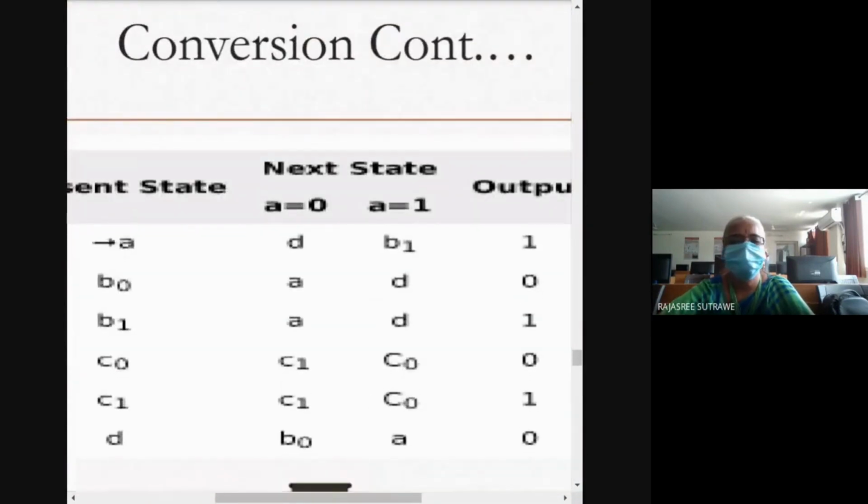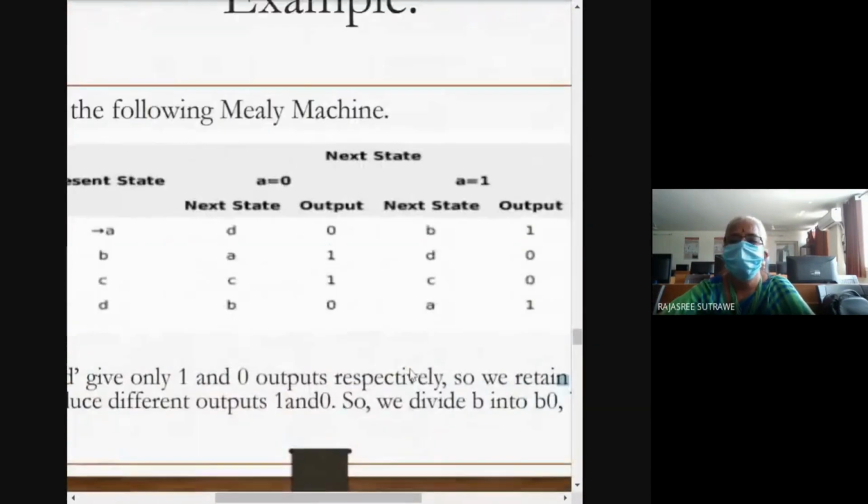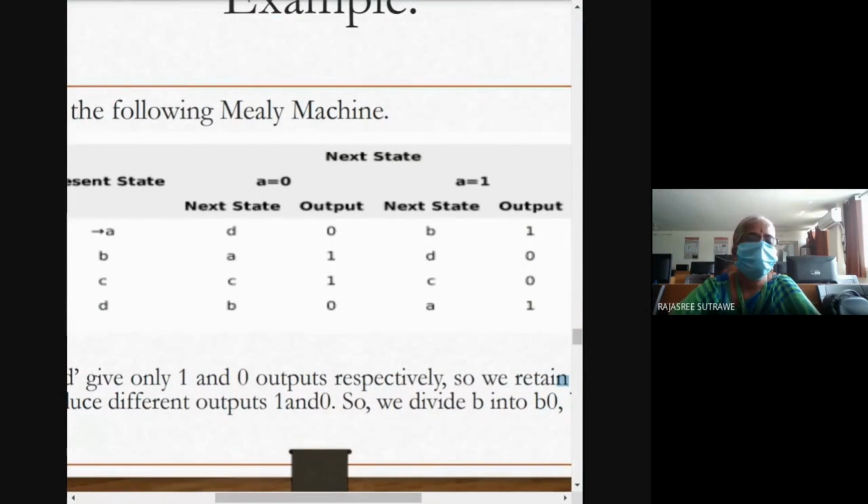I'm not writing anything else. I'm just explaining the concepts. So now here also we are writing A and D. But as it is B1, here we are writing output as 1. Now for C, we have here C and C only.